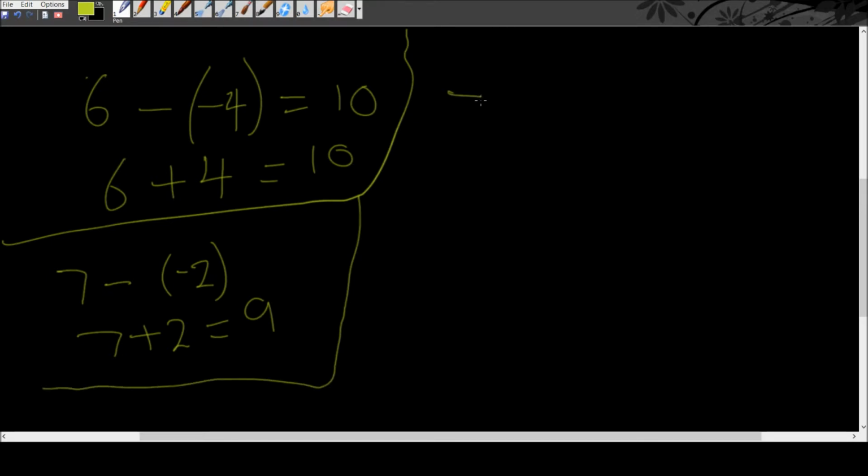Again, let's have -5, and we're going to subtract a negative, let's say -8. Remember, subtracting by a negative turns to a positive. So we're going to have -5 plus 8, which is actually going to give us 3.